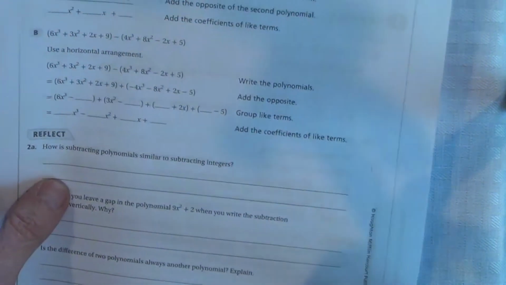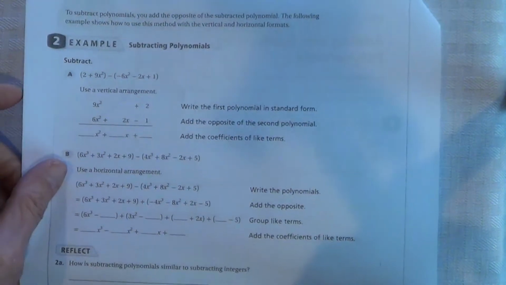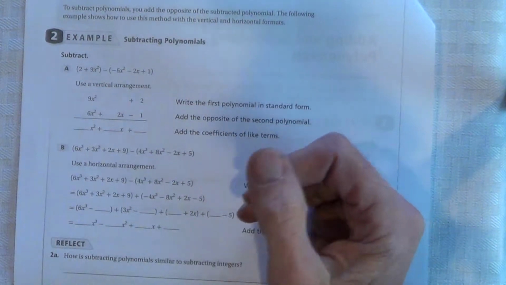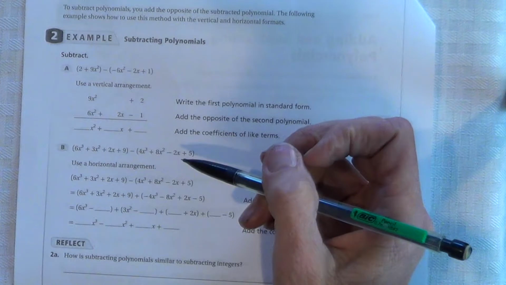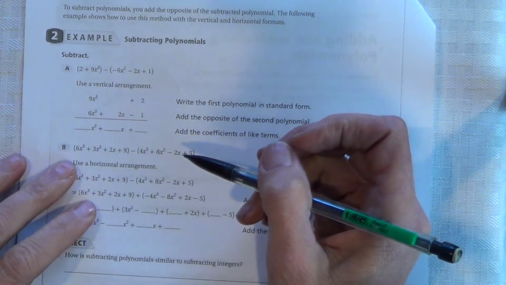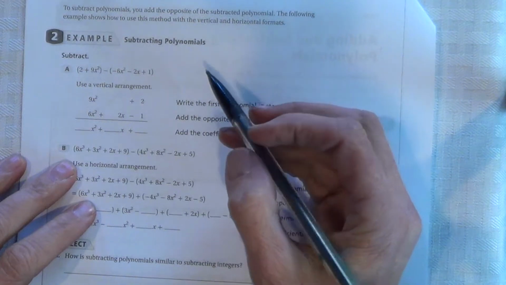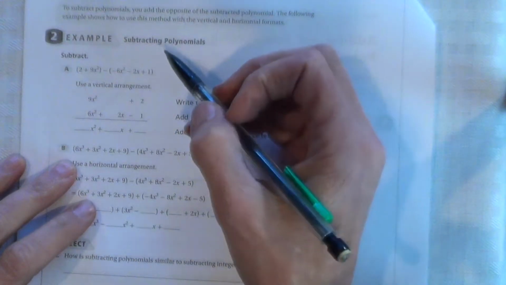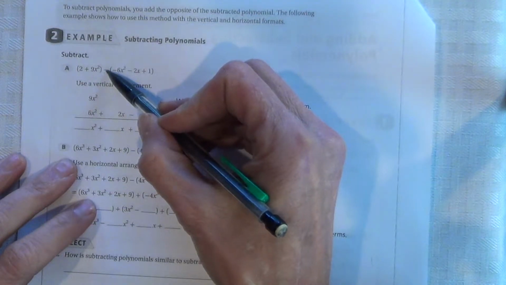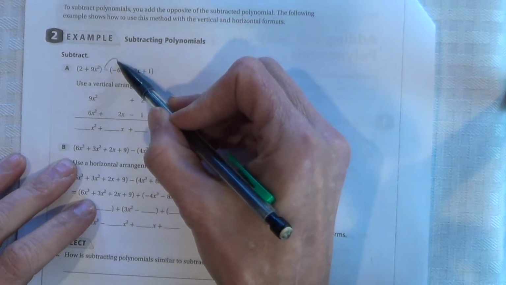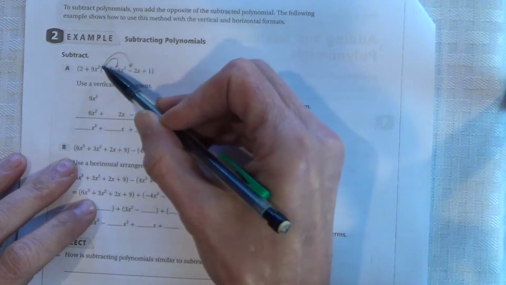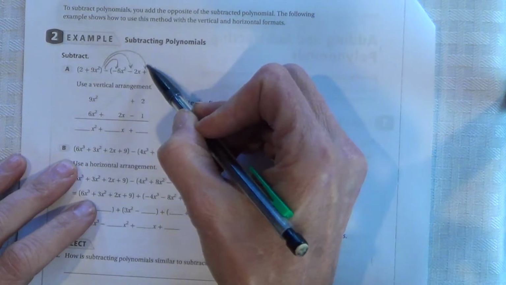Okay, next we want to subtract polynomials. And here, the main thing is that my suggestion is that we distribute this negative throughout before we rewrite.